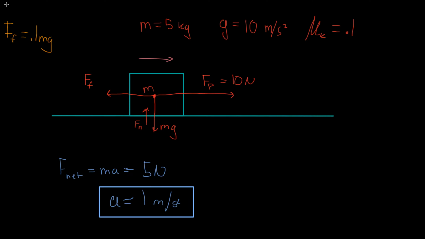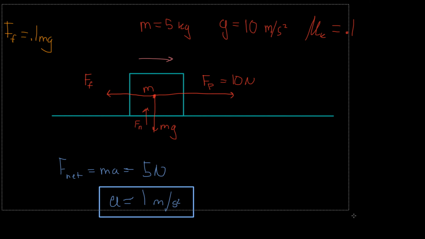Okay, so now that we've introduced this idea of friction on a pretty deep level, or of kinetic friction rather, let's consider that in the context of an inclined plane. So we have our inclined plane here, and let's just complete that.